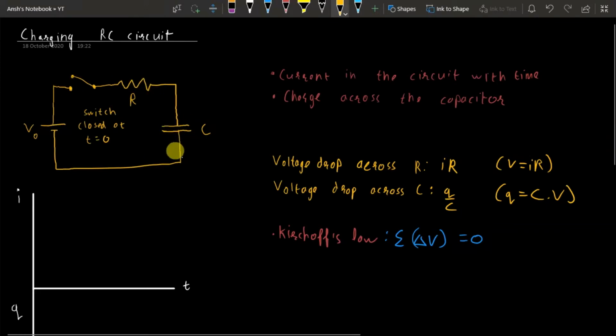But as the current flows, slowly the capacitor starts getting charged. Since the charge increases, the potential drop across the capacitance increases, and it will generate a potential difference of its own that opposes the battery. As a result, the current will slowly start decaying in the circuit.